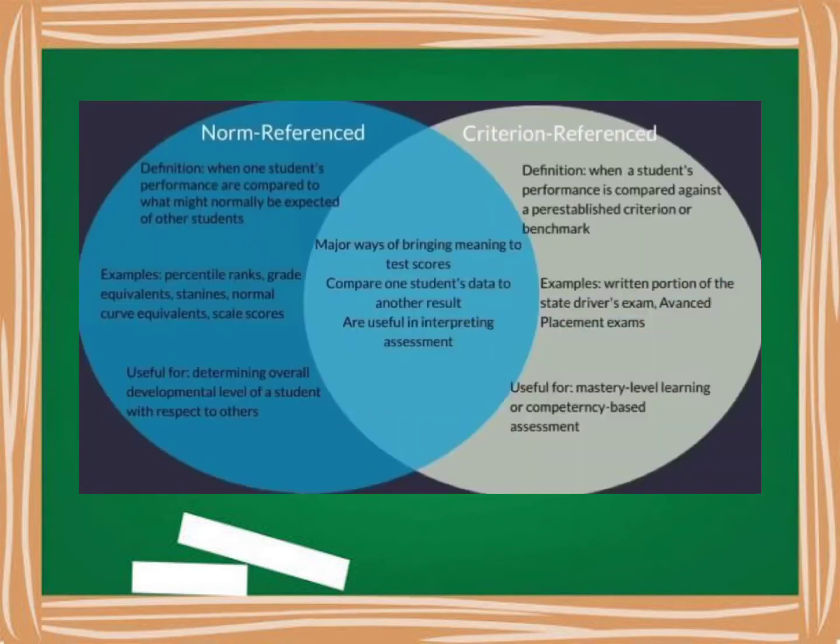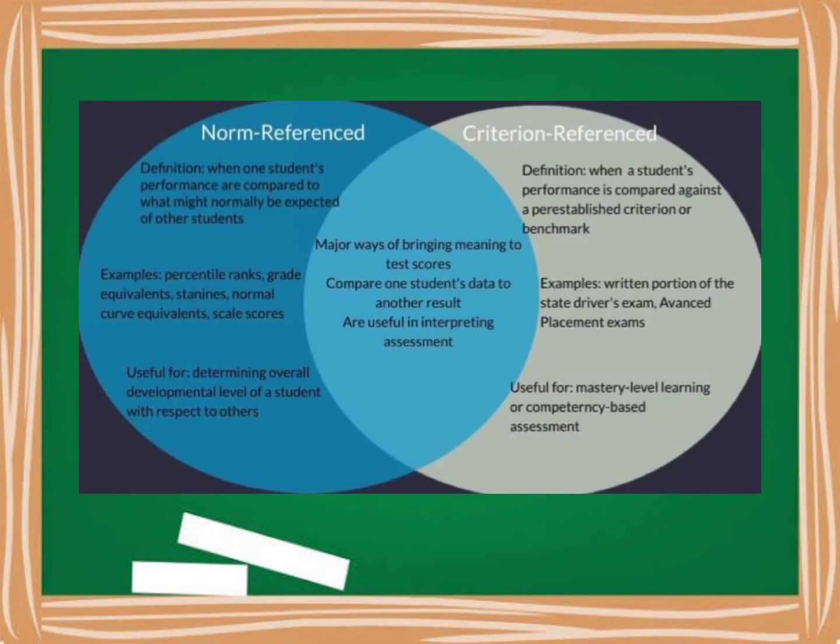So for easier differentiation, we have here a Venn diagram. Our definition for norm reference is when one student's performance is compared to what might normally be expected of other students. While criterion reference is when a student's performance is compared against a pre-established criterion or benchmark.